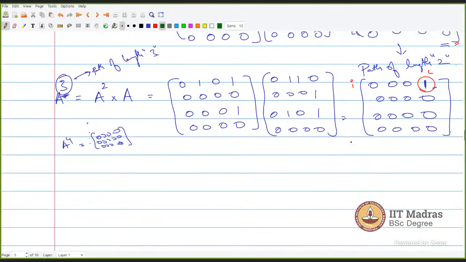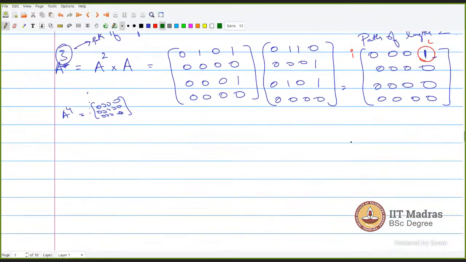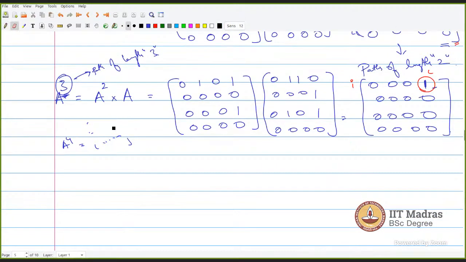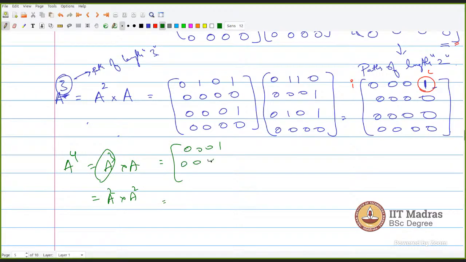And if you compute A to the power 4, you can use A cube times A or A square times A square. Anything gives me A to the power 4. In A cube, I have only one non-zero entry. Everything else is 0.